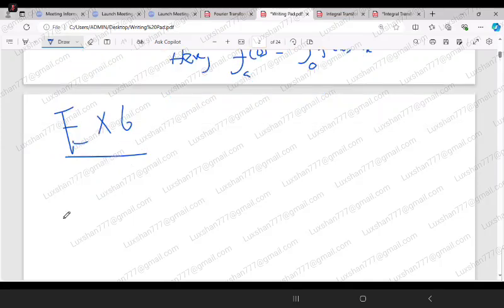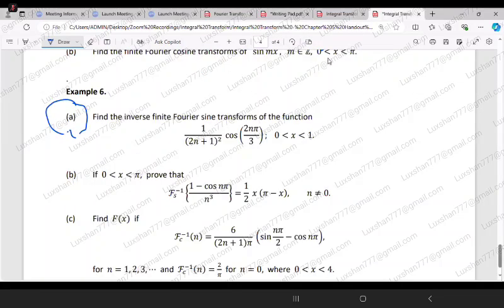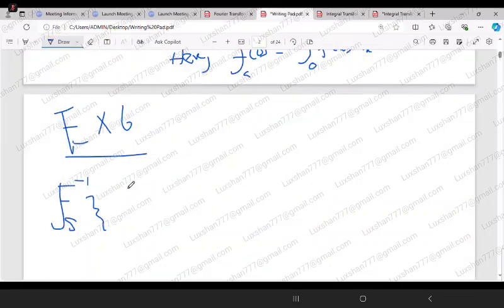So actually we are asked to find the inverse finite sine transform of the function. The function is given: 1 over (2n plus 1) all squared into cos 2n pi by 3.